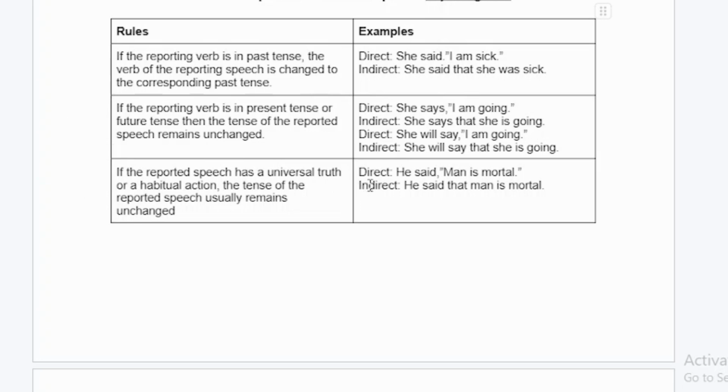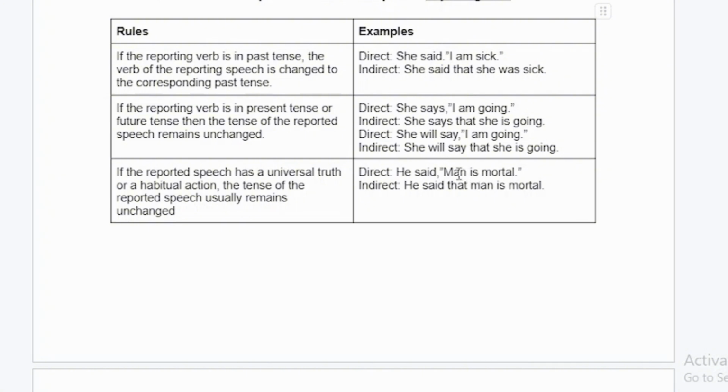So we will see the direct: he said, "Man is mortal." In indirect, he said, the inverted commas are finished, "that" has been placed over here, and we make a simple sentence without commas: man is mortal. So that is the same, look at it.